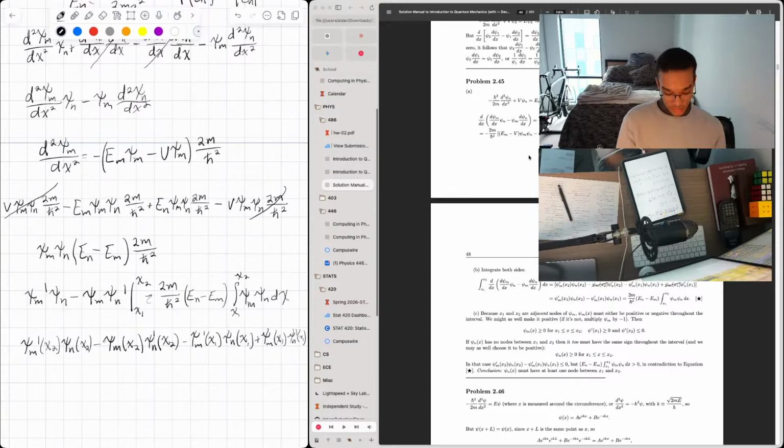Wait, okay, so they're right next to each other. So one is going to be even, one's going to be odd. If we choose n to be even, n to be odd. No, it still doesn't give you 0.